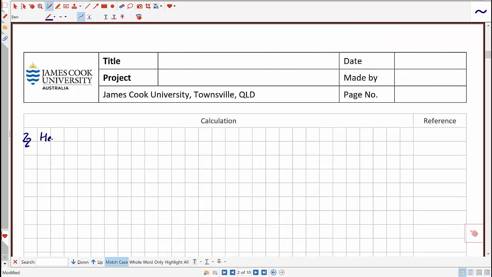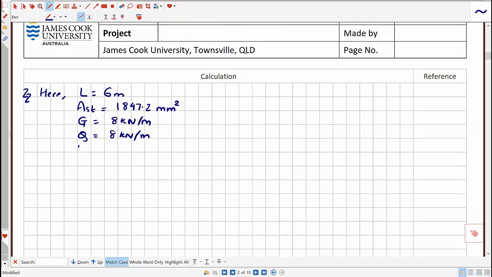Now in this example, we are given that the span of the beam is 6 meter. The effective span of the beam, L effective, is 6 meter. The area of steel is 3 N28 bars, which will come out to be 1847.2 millimeter square, and the dead load is 8 kilonewton per meter, and similarly the live load is also 8 kilonewton per meter.